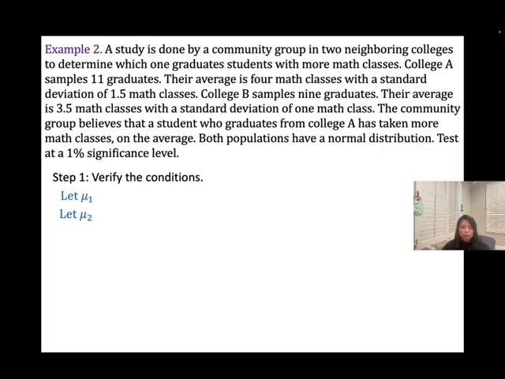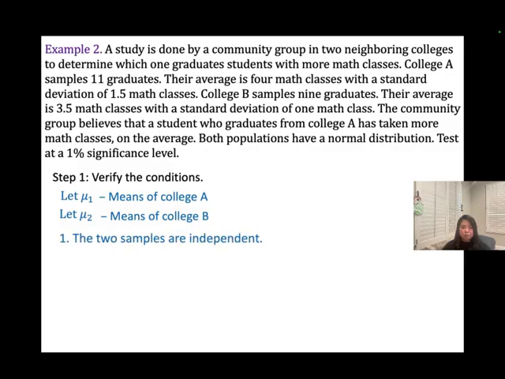So, first, I let the mean 1 be College A, mean 2 be College B. And then we're going to verify the conditions. So the 2 samples are independent, and also both samples are simple random samples.